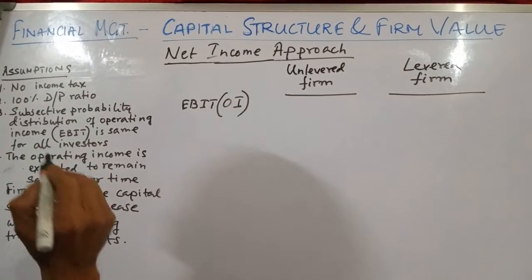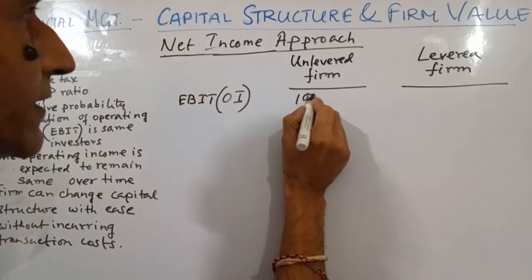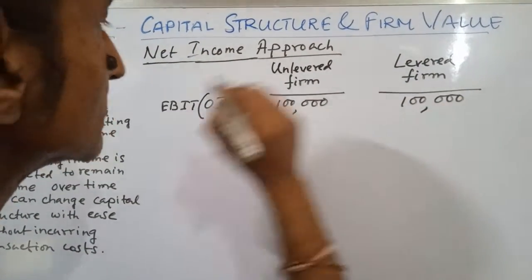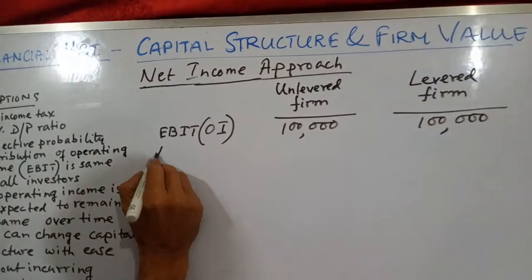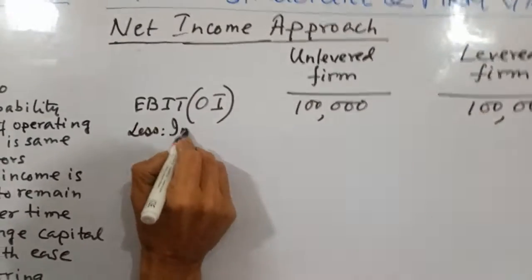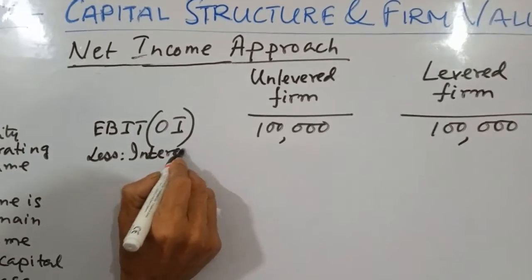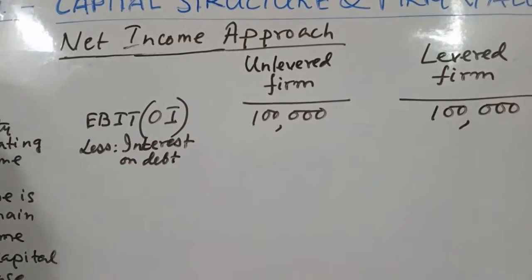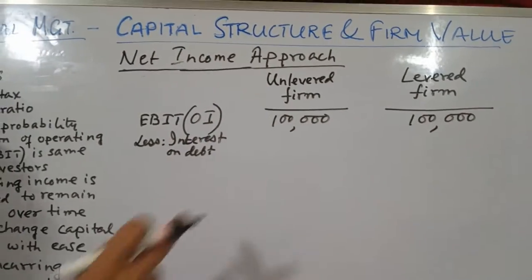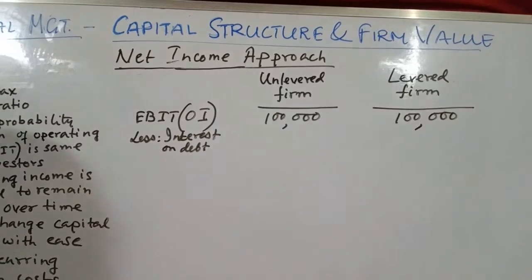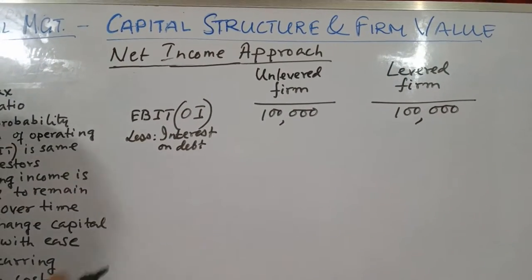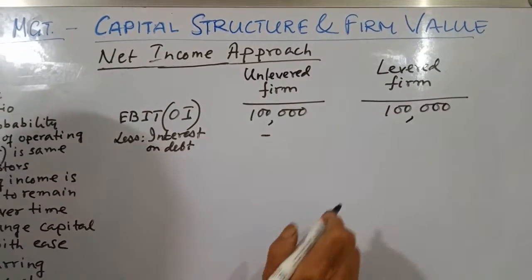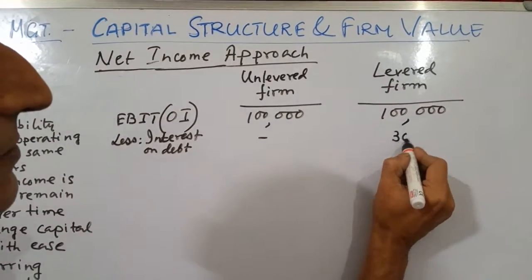EBIT or operating income, say 100,000 for both the firms. Less interest on debt. Since this is an unlevered firm, the firm has no debt, so there is no question of interest on debt. And the levered firm is paying interest of 30,000.